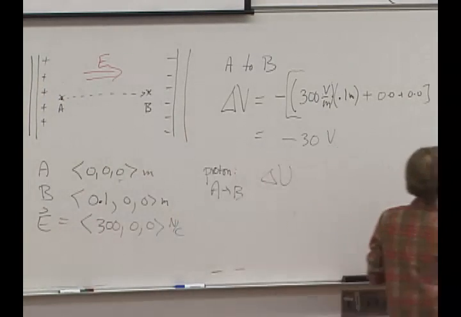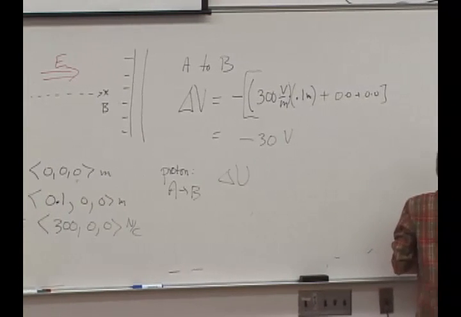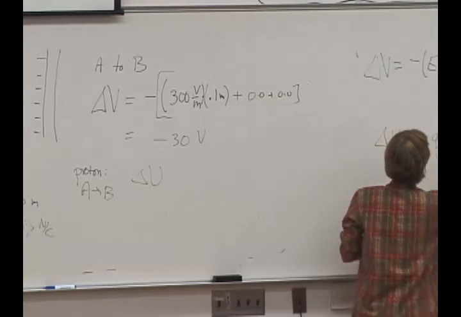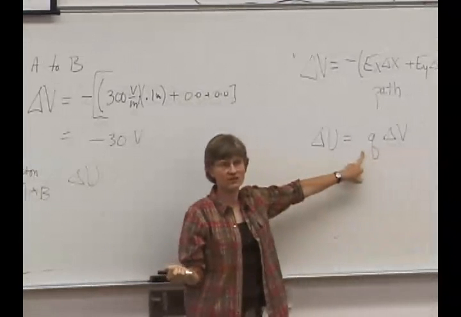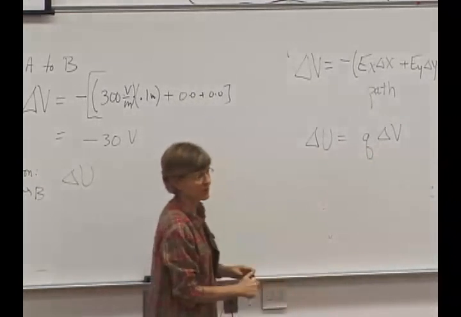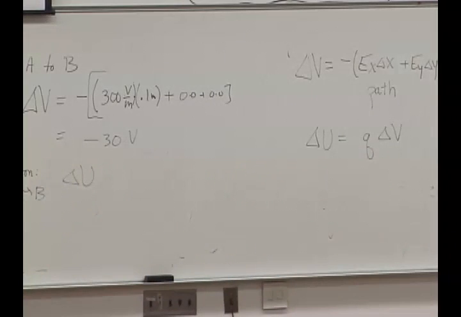Remember that delta U is Q delta V, where this Q has a sign, right? It can be a positive number or a negative number, and delta V can be a positive number or a negative number.